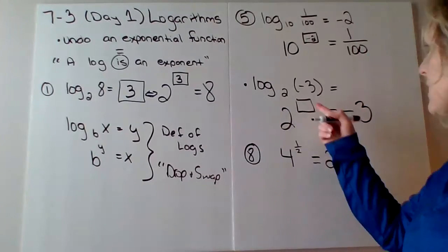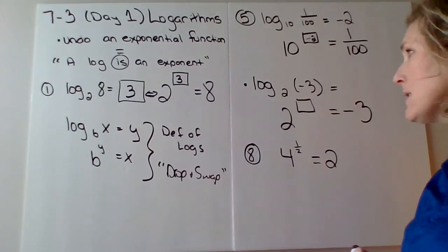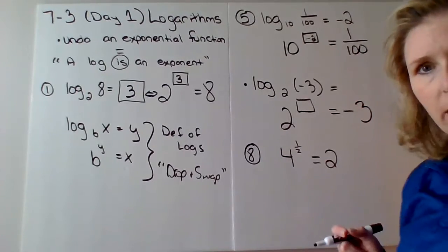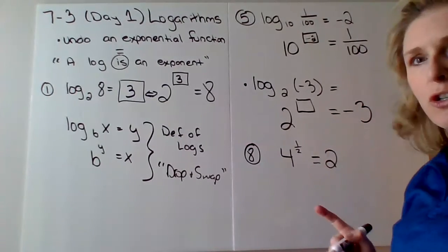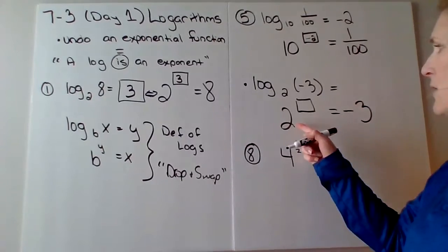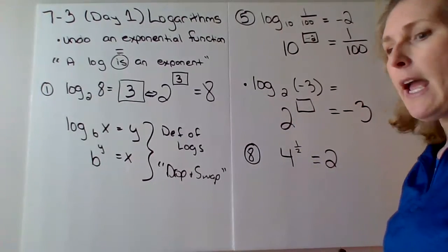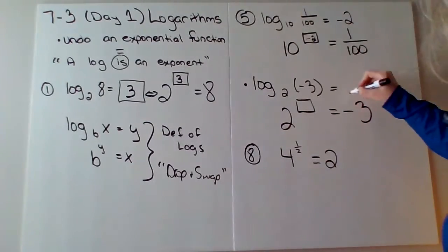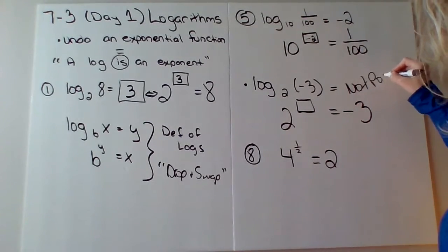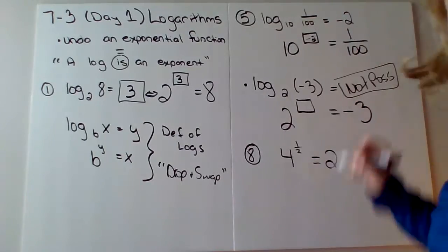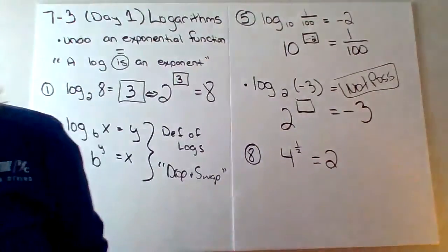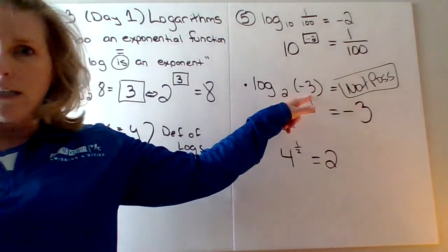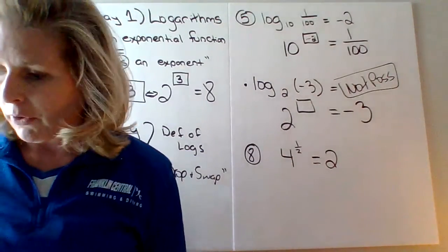And if I raise it to a positive number like 3, that would give me 8. That would give me a positive number. There's no way that I can raise 2 to any power and get -3. So this one is not possible. You cannot take the log of a negative number.